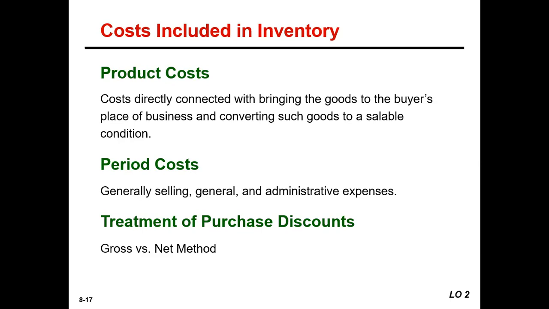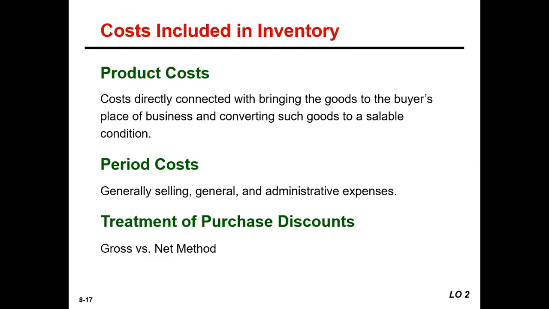The cost of goods purchased, plus any freight cost, less any purchase discounts or purchase returns or allowances. Whereas product costs for manufacturer, direct materials, direct labor, factory overhead, right? And then period costs are the costs, selling, general, and administrative expenses not associated with the product.